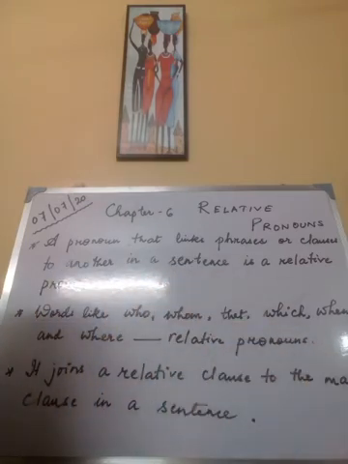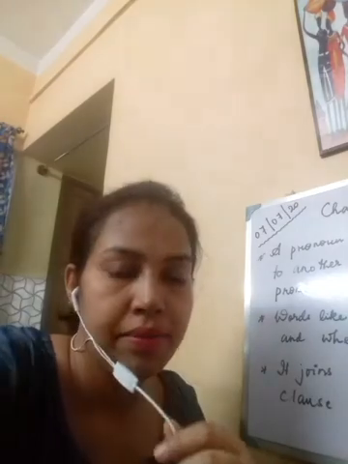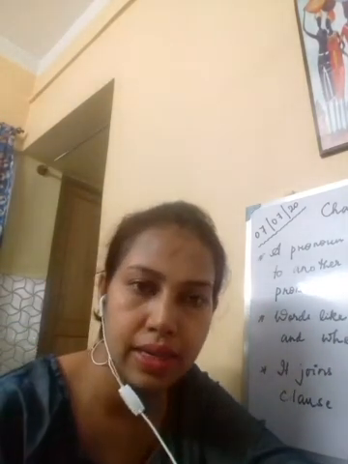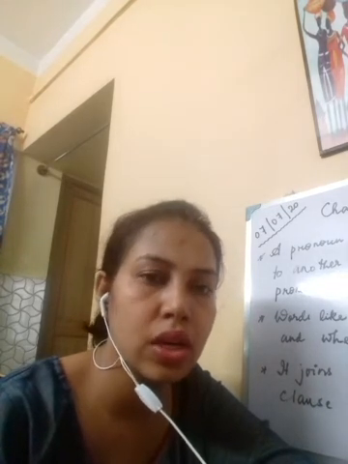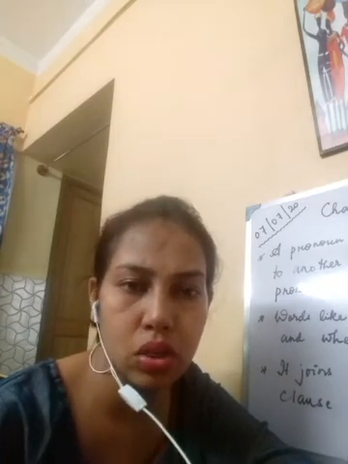Before we know this, children, we have to understand what phrases and clauses are. A phrase is a group of words which is a part of a sentence, which mostly does not have, in fact never has, an independent meaning on its own.